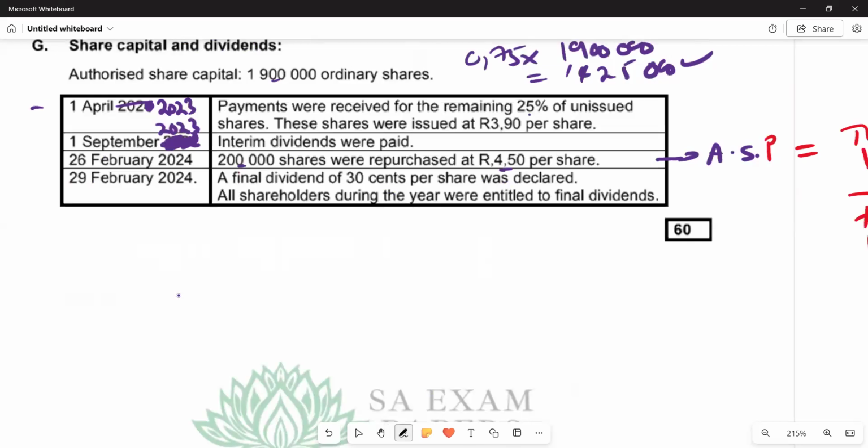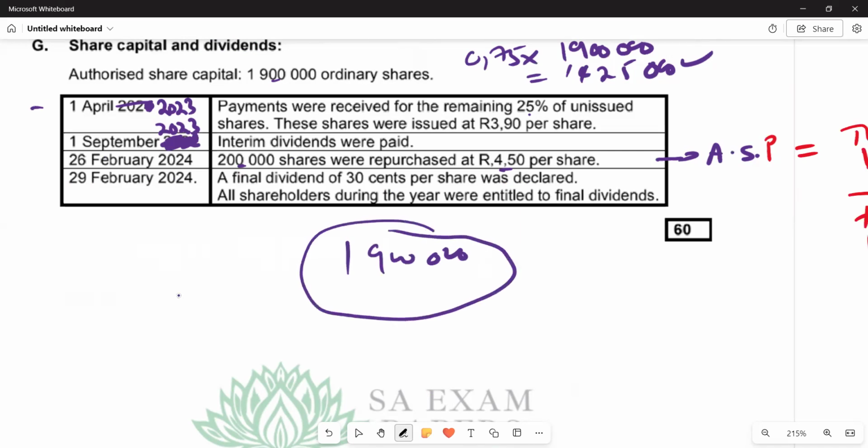At the beginning we had 1,425,000, and then an additional 475,000 shares were issued on 1 April. It got to 1,900,000, so all these shares should be entitled to dividends, as this statement is saying.